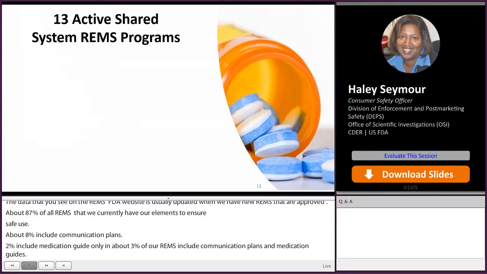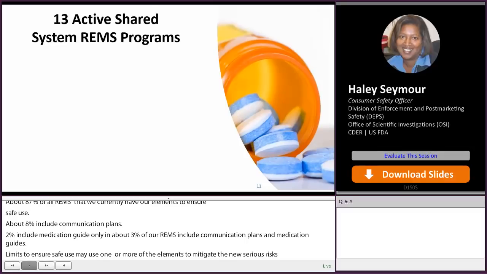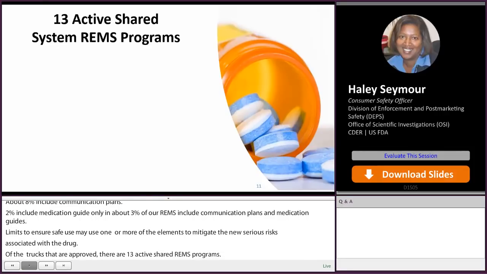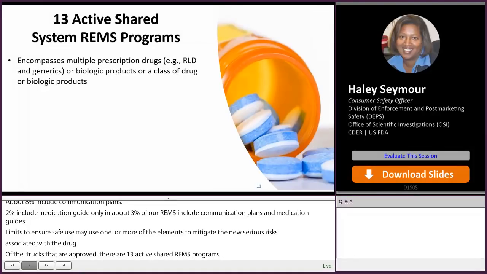Of the 60 REMS that are currently approved, there are now about 13 active shared REMS programs. These shared system REMS programs include multiple prescription drugs or biologics and can involve multiple new drug applications, abbreviated new drug applications, and biologics. The shared system REMS are developed and implemented jointly by 2 or more applicants.